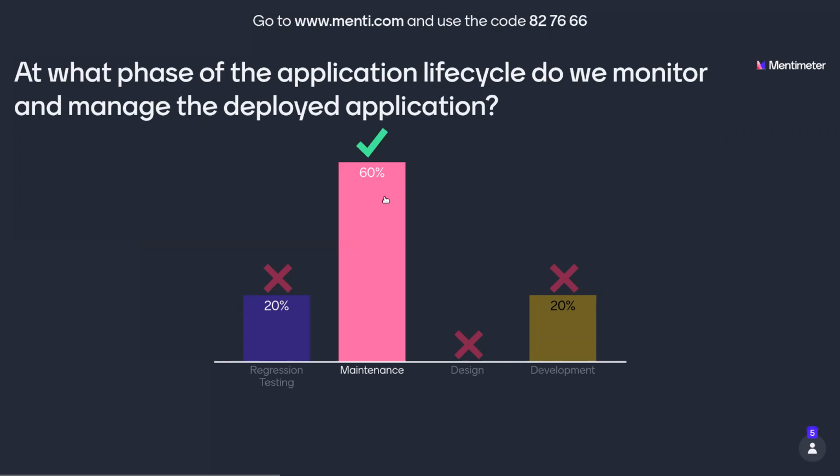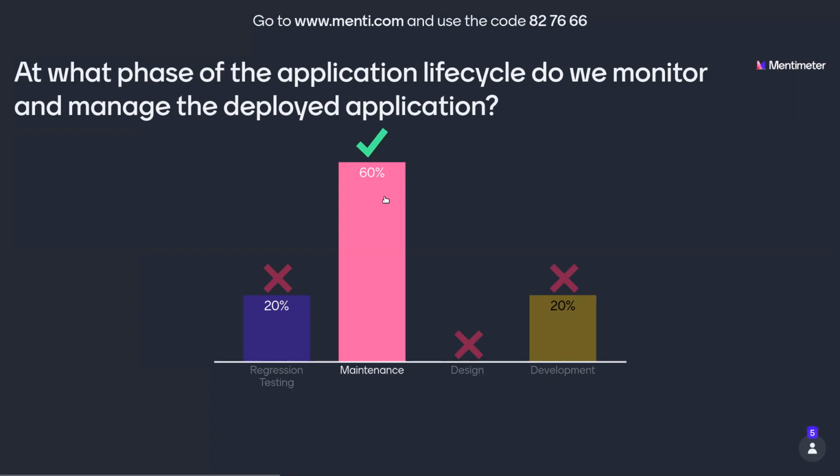The key word you must look out for here is that it says at what phase of the application lifecycle. It doesn't say at what level of testing. If it said at what level of testing do we monitor and manage the deployed application, we might say regression testing. But it says at what phase of the application lifecycle, and regression testing is not a phase of the application lifecycle.